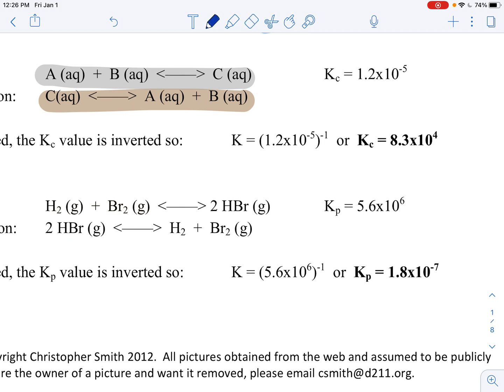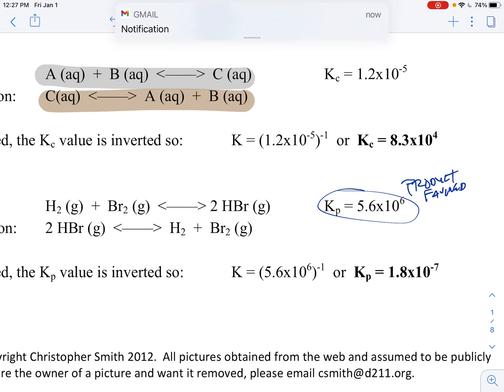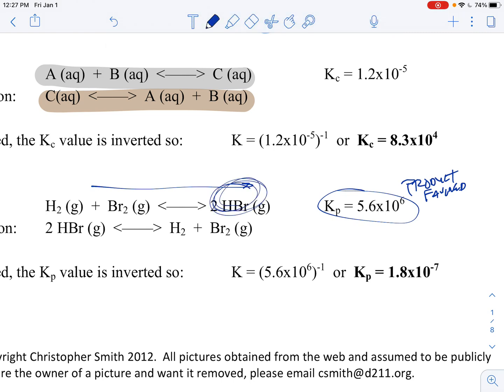A couple things to note here is that apparently this equation is extremely product favored. How do I know that it is a product favored reaction? Because look at the size of this number. It is a very large number. So it likes to be on this side over here. It likes the HBr.